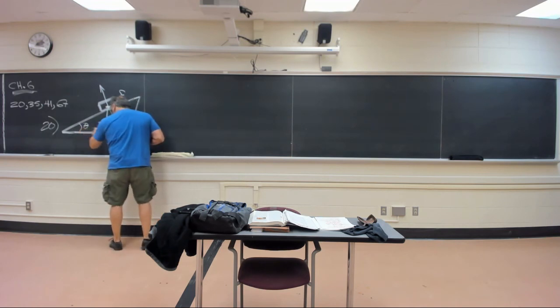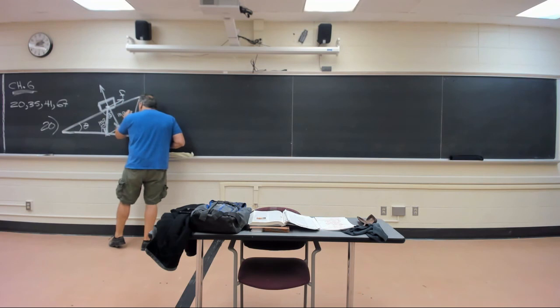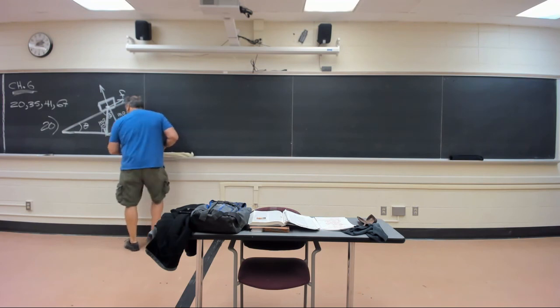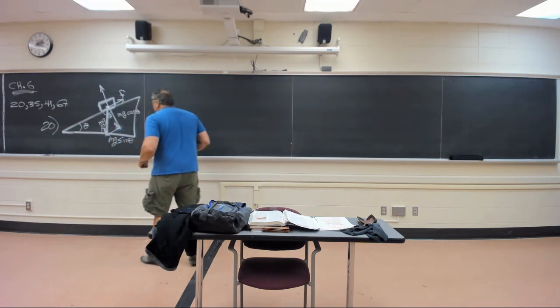If this is theta, and this is 90 degrees, and this is 90 minus theta, and the whole thing is 90, once again, you're back alive with theta. That's always going to be the case in this kind of a triangle. If that's the case here, this is mg cosine theta. This is mg sine theta. Not bad.